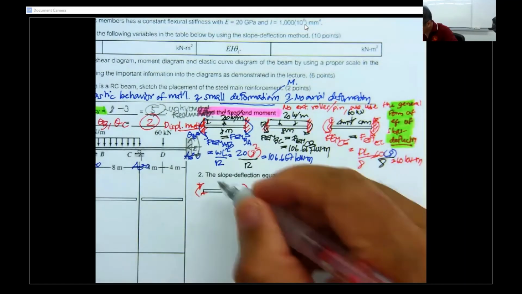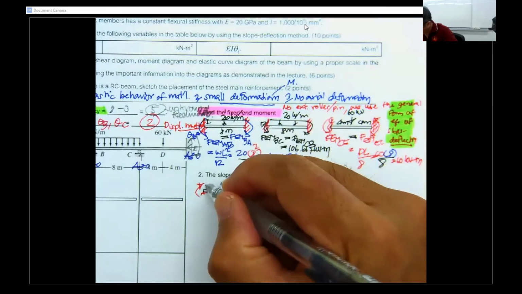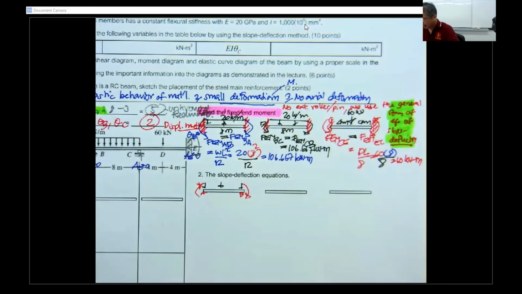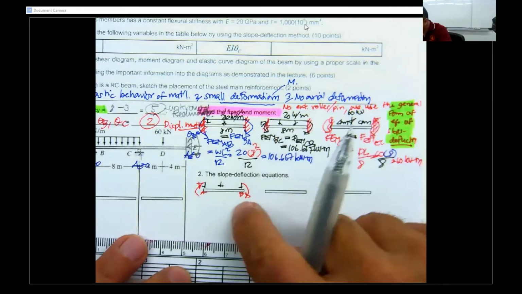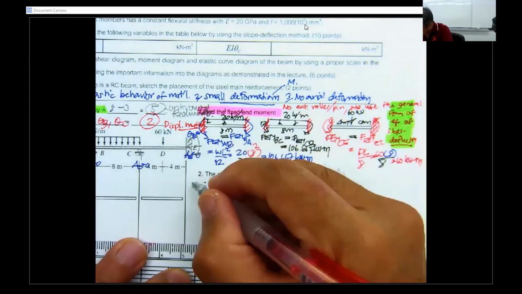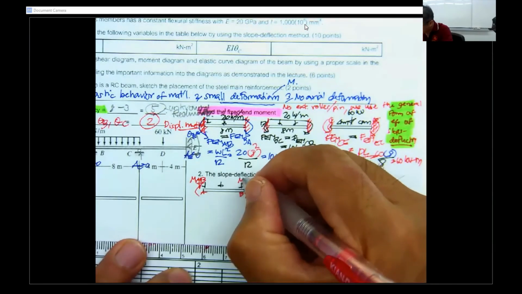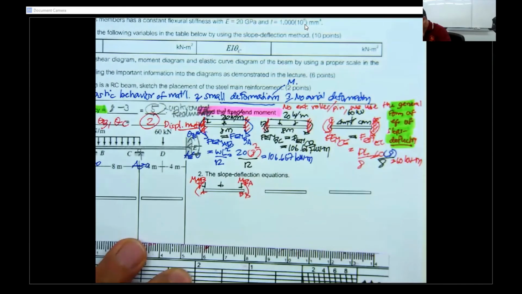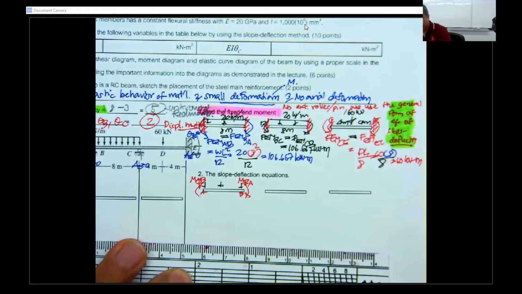This member is also subjected to the load over here, and let me just put this one, only the end moment. This one is M sub AB, and this one is M sub BA, and it's going to rotate clockwise. Always clockwise is positive.